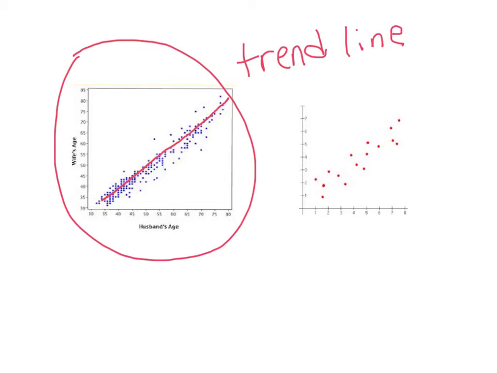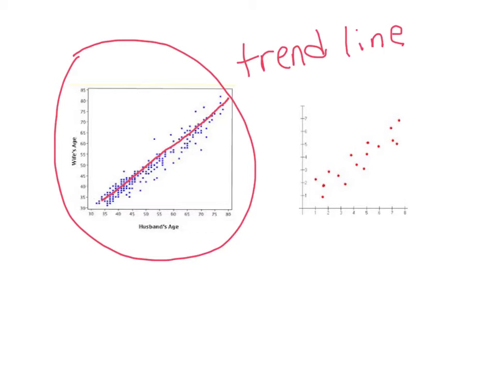So we see that this trend line shows that as the husband's age is increasing, the wife's age is also increasing. So it looks like husbands and wives' ages are, for the most part, pretty close together. They're pretty close to the same number.